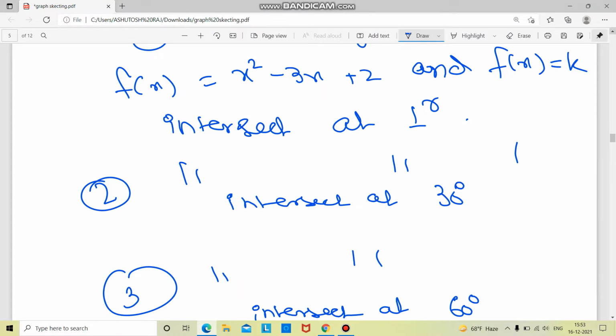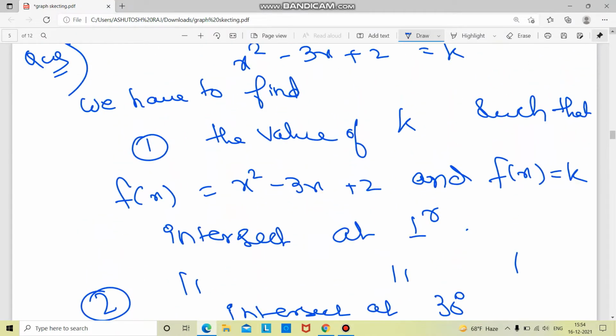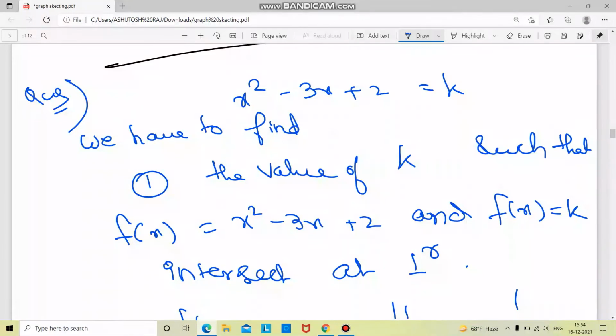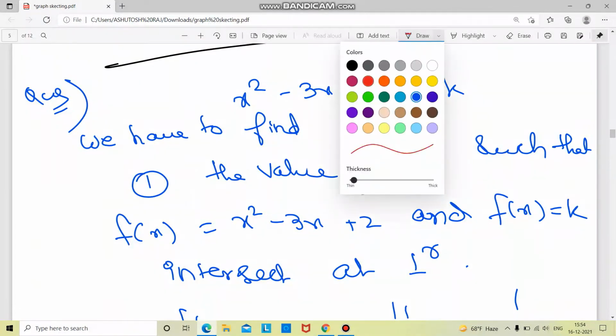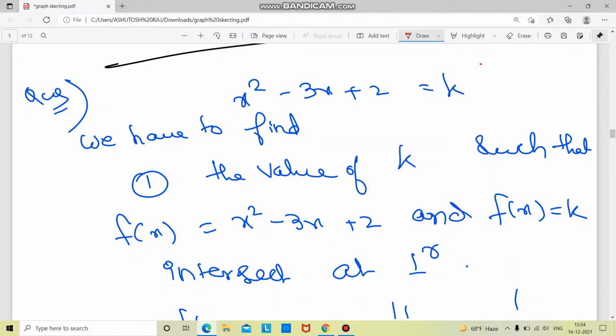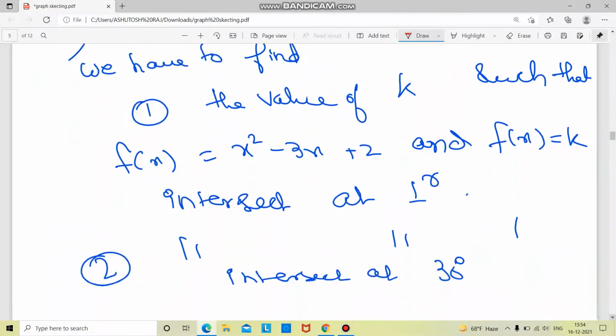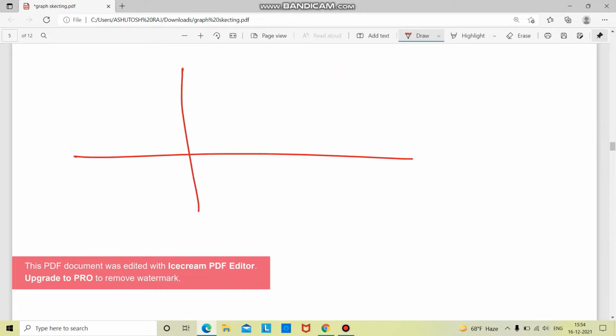So it is very simple. You just have to know the concept of application of derivative, how to find the angle between two curves. Here it is very simple, as one is a horizontal line. Our equation is x square minus 3x plus 2. 1 and 2 are the roots, so you can write it as (x minus 1)(x minus 2).